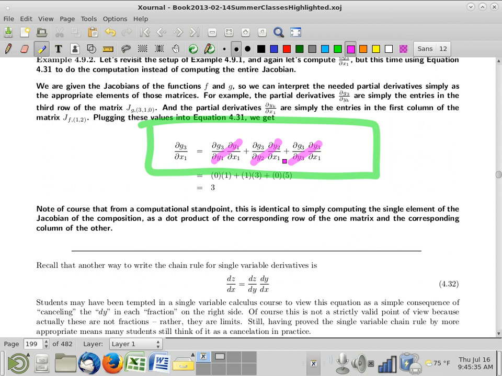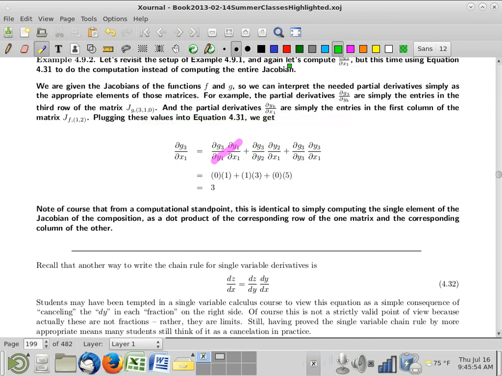If I take this expression, this compact version of the chain rule, and I were to not use the chain rule correctly, I could argue that, hey, look at this one term. Let's just ignore all of that. Why can't I just do that?